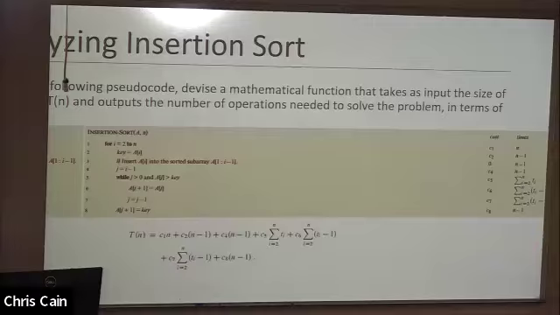That will depend on the number of places back, because we go back to that inner loop and check that condition each time until it is in place. If it happens to be in place immediately, because that number is the largest number we've seen so far, that runs once. But if it is the smallest number and it has to move all the way back through the array, then we're going to run that while condition as many times as it takes to move it back to the beginning of the sorted list.